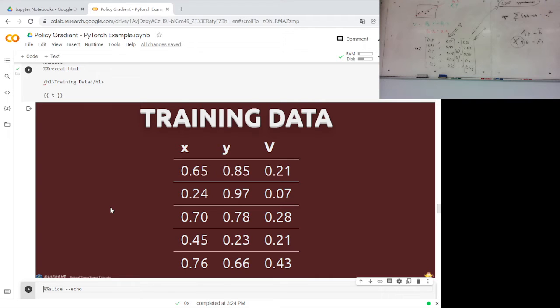So A transpose A will be a 2 by 2 matrix, multiplied by theta, which is 2 by 1. So I have a 2 by 2 multiplied by theta equal to a 2 by 1 vector. The dimensions all work out correctly. And in fact, that is the solution to your least squared error approximation.